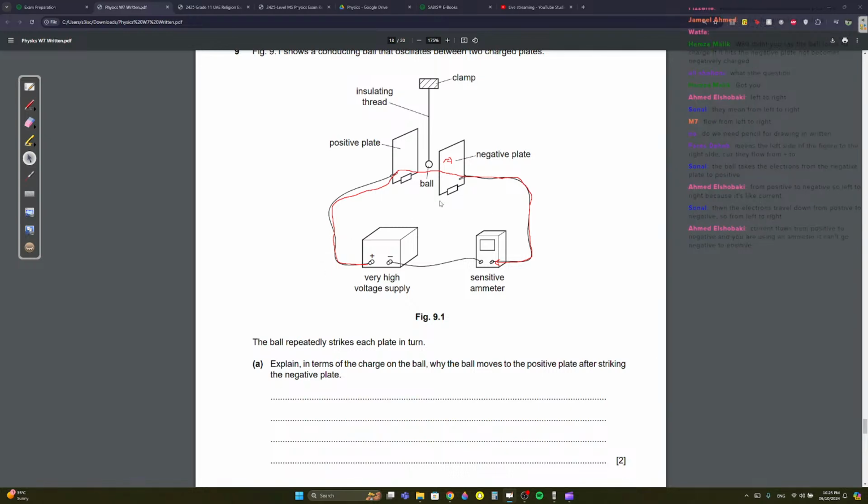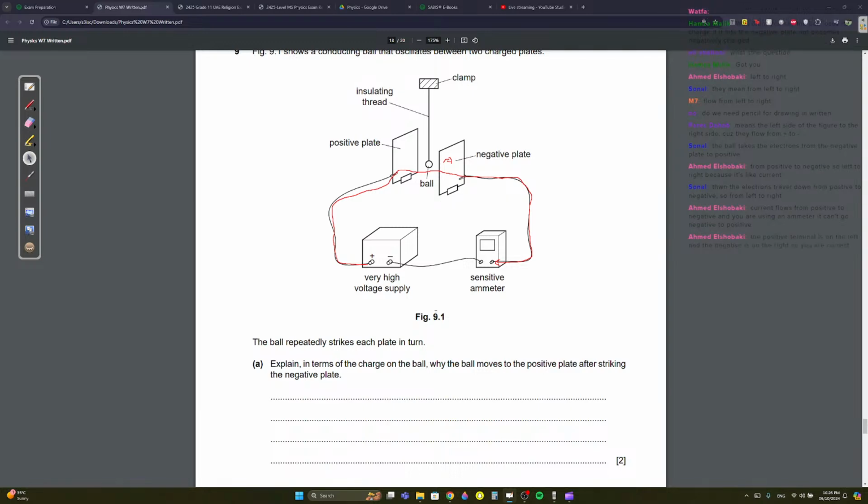Can you confirm this, guys? If it's wrong, explain why, please. The positive terminal is on the left and the negative is on the right, so you are correct.